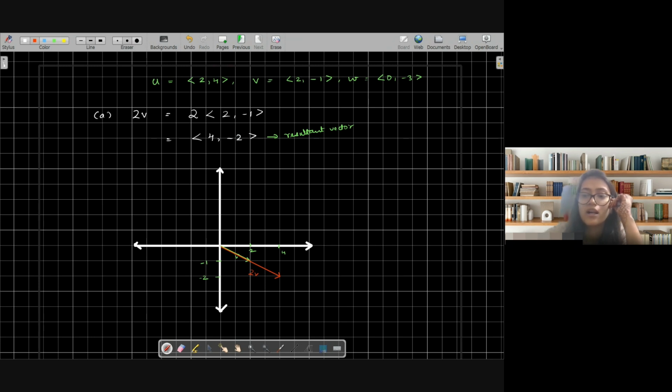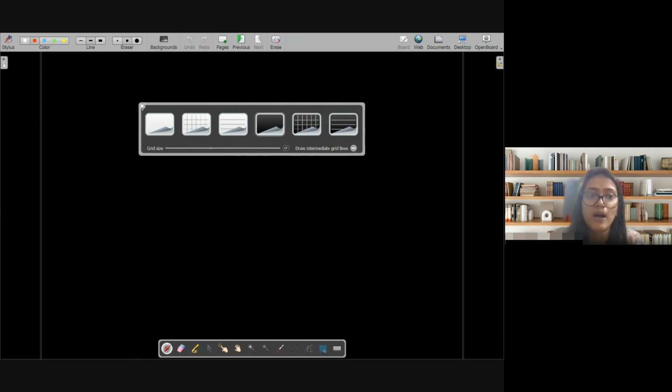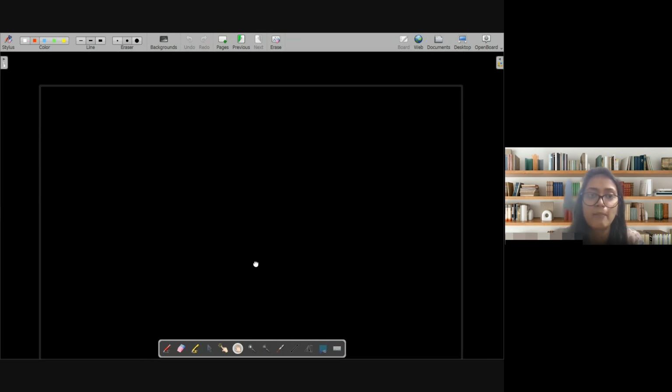Then part B says v minus 2w. In this part, they have combined two operations. First, they have multiplied vector w by 2, so here they have done scalar multiplication.